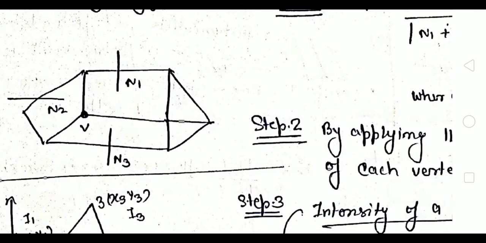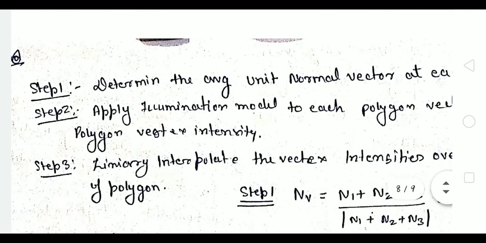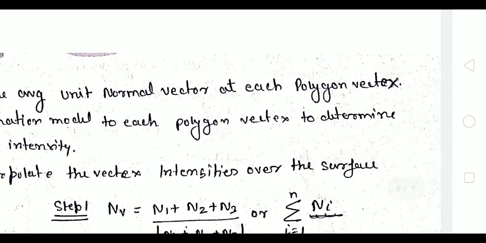We have one diagram here. This diagram is one polygon which has five faces, and every face has its own vertices. If we show one vertex, its name will be v. According to the first step, determine the average unit normal vector at each polygon vertex.